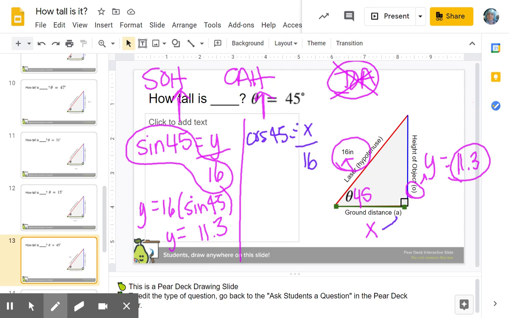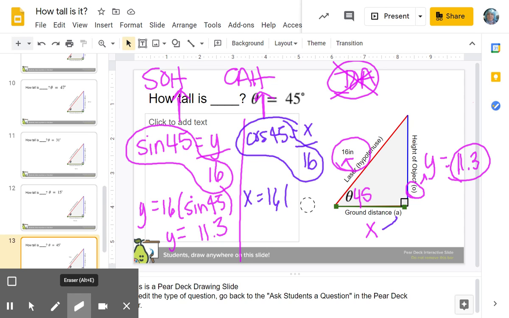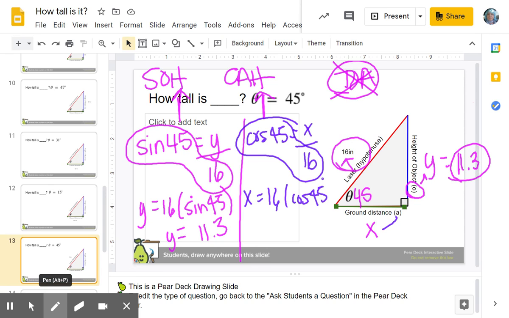We still have a number in the denominator, so we can multiply. So x equals 16 times, ooh, that should be cosine. Cosine 45. You do get the same answer. And if we realize that this is an isosceles triangle, 45 and 45, that means the x and the y have to be the same as well. So 11.3. Ta-da!